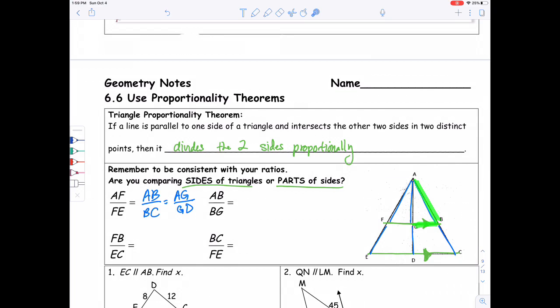So let's mirror that with the bigger triangle. We have the full side with the bigger triangle and part of a side of the bigger triangle. Okay. So that would be AC over CD.